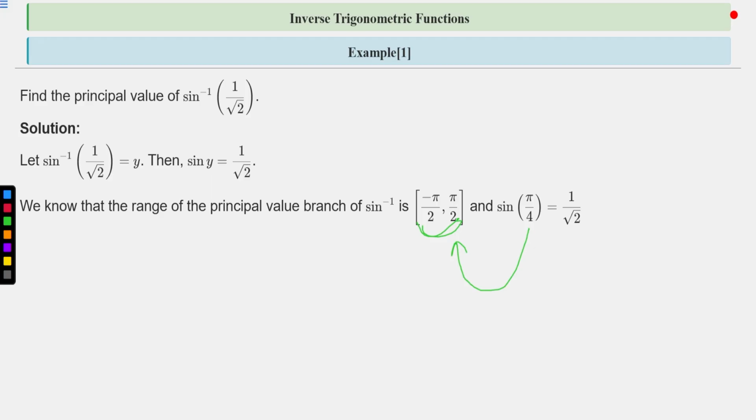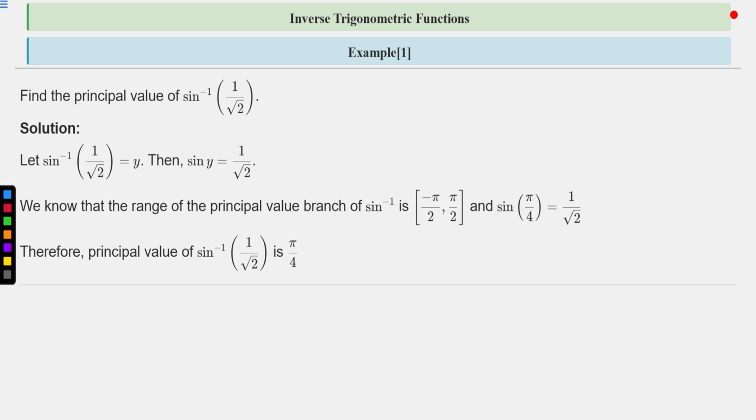Here it is lying in it, because pi by 4 is between minus pi by 2 and pi by 2. Hence, pi by 4 is in the principal value branch of sine inverse. Therefore, the principal value of sine inverse 1 by root 2 will be pi by 4.